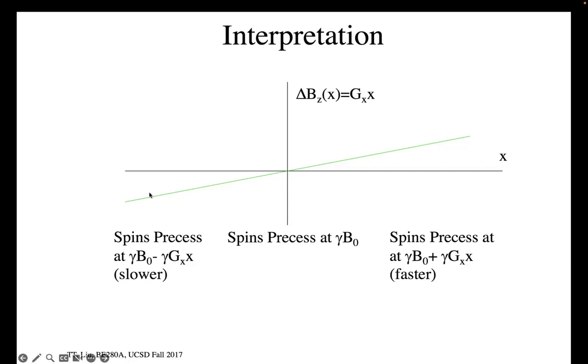Over here, we've subtracted some magnetic field off the static one, and therefore over here the spins or the sample or the patient will be at resonance at a lower frequency. So 64 megahertz right in the middle, and then out here we might have 64 megahertz plus some delta frequency, and 64 megahertz minus some delta.